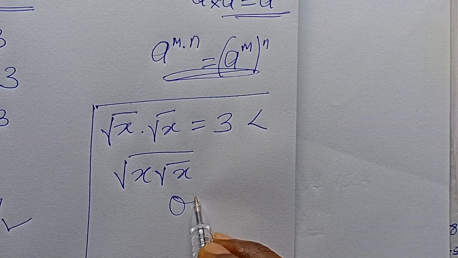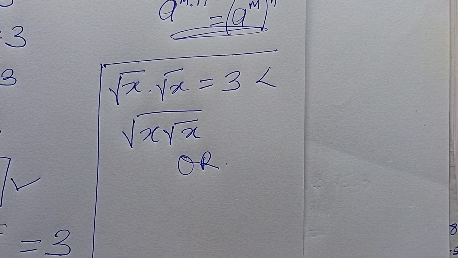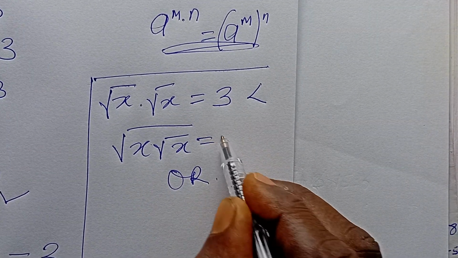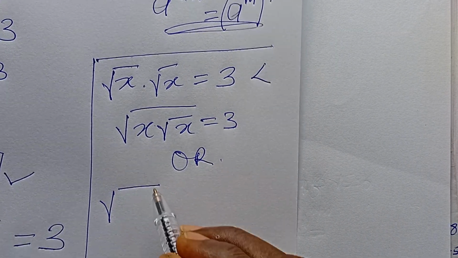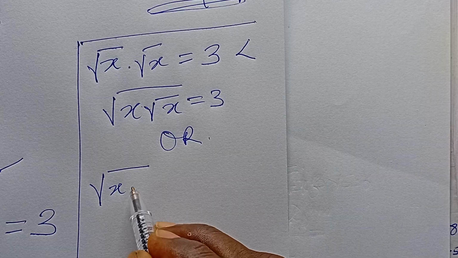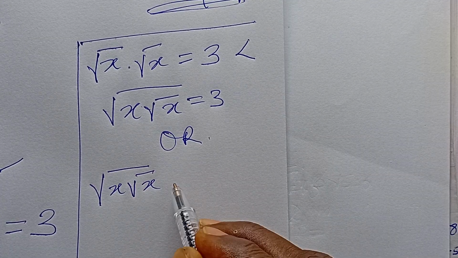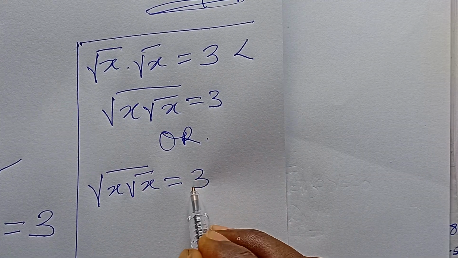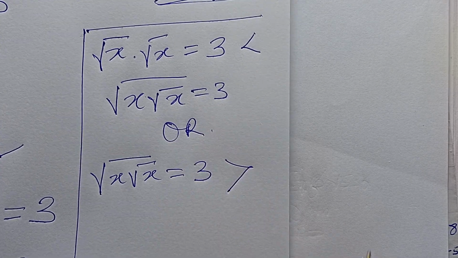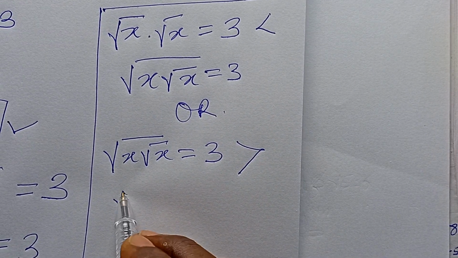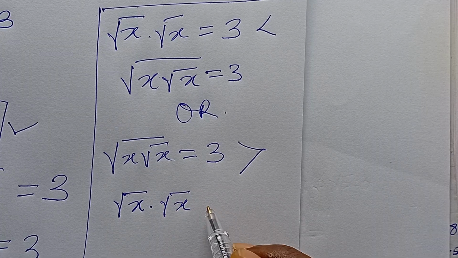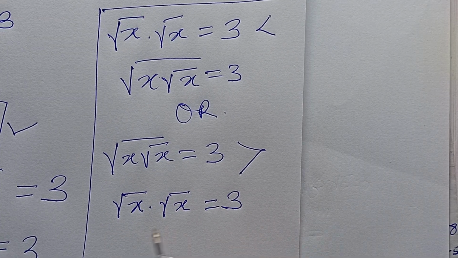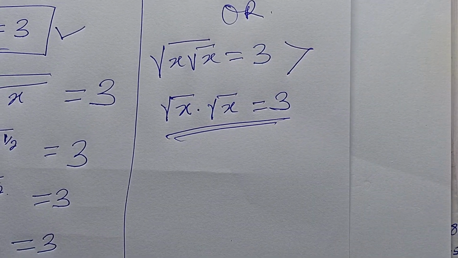Or better still, you can equally express it in this format, equal to 3 also here. So you can equally say here that the square root of x into the square root of x equal to 3 is greater than the square root of x times the square root of x equal to 3. So this is how you compare equations of this kind.